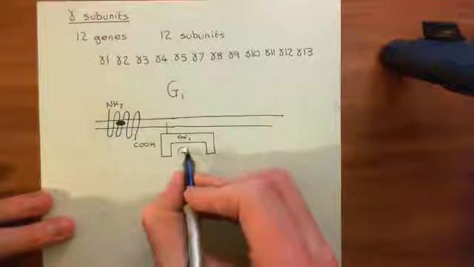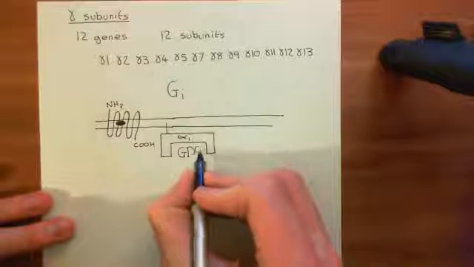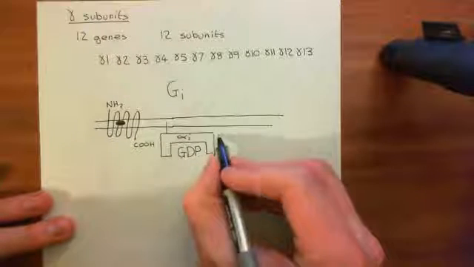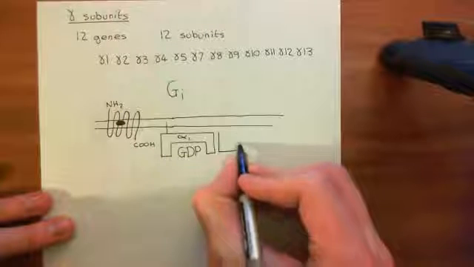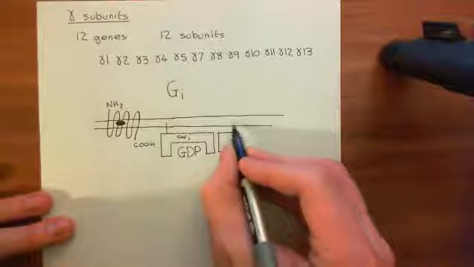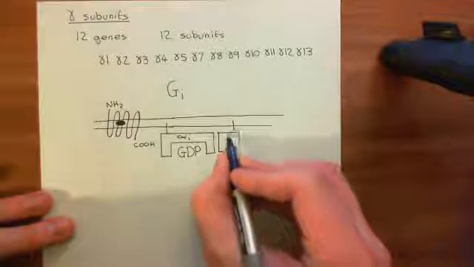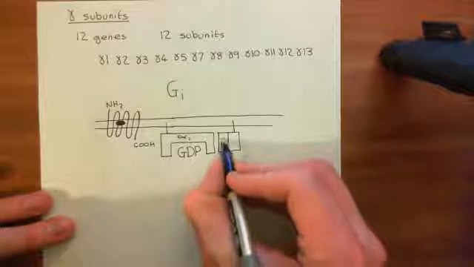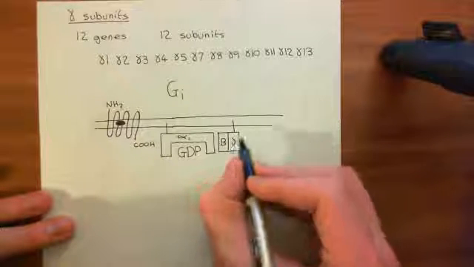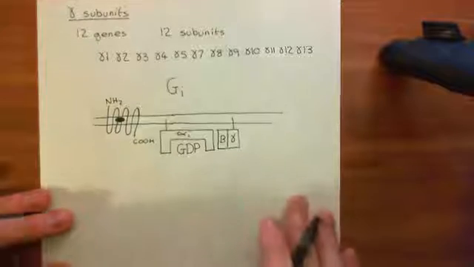So it has GDP currently linked there, and that means that it's currently associated with the beta-gamma complex here. And remember, the gamma subunit of the beta-gamma complex has a prenyl group added onto it. So here is the beta-gamma complex.